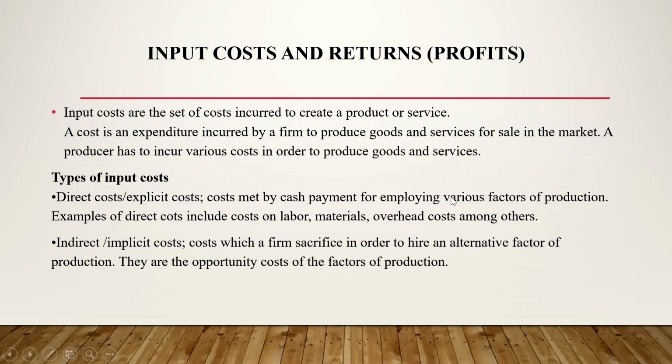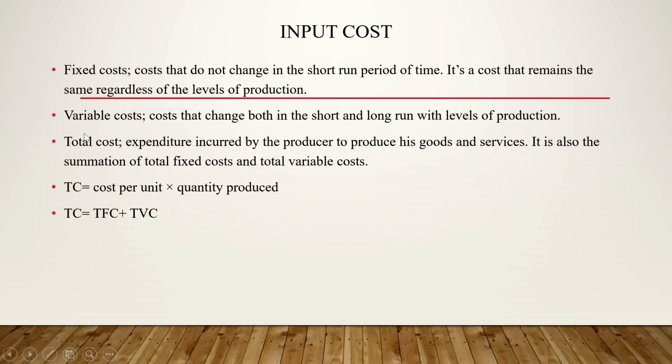We're saying direct costs are made by cash payment for employment of various factors of production. This could be labor, material, overheads, and other costs among others. Direct costs, which the firm sacrifices in order to hire an alternative factor of production, can also be categorized under direct costs.